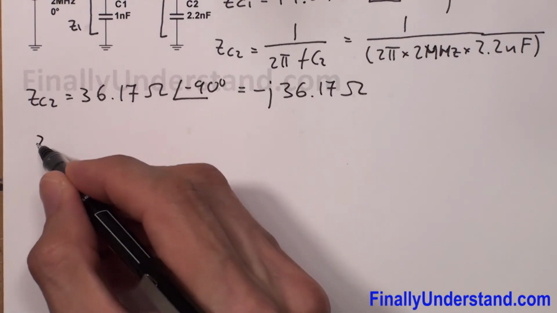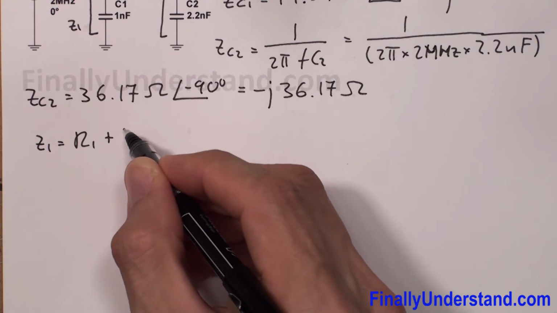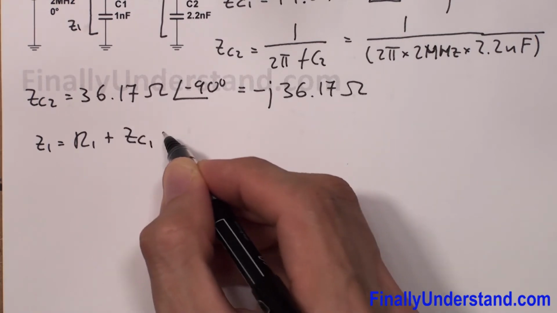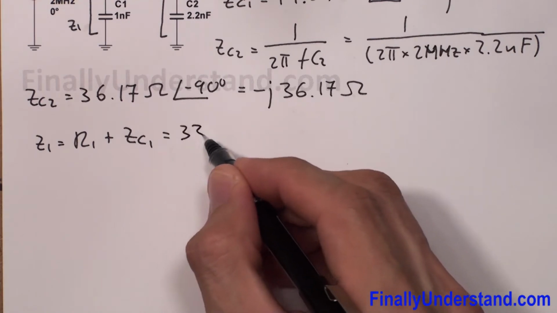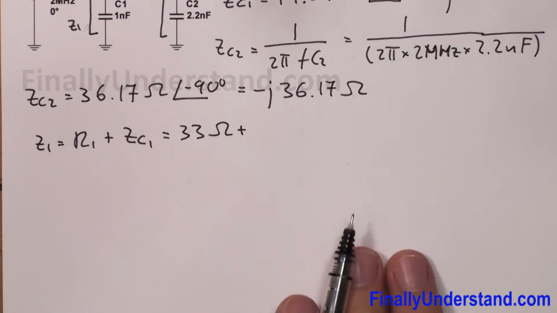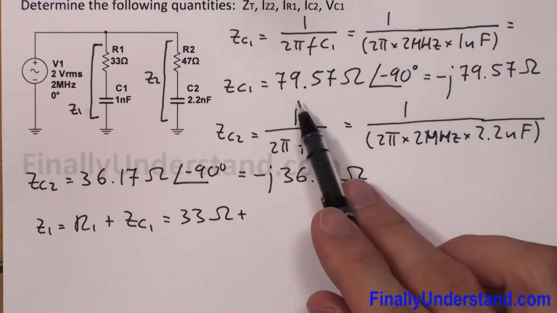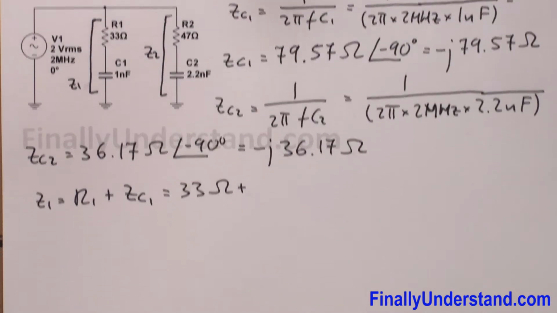So Z1 is equal to R1 plus ZC1. R1 is 33 ohms plus ZC1, which we found is equal to 79.57 ohms and angle of negative 90 degrees.